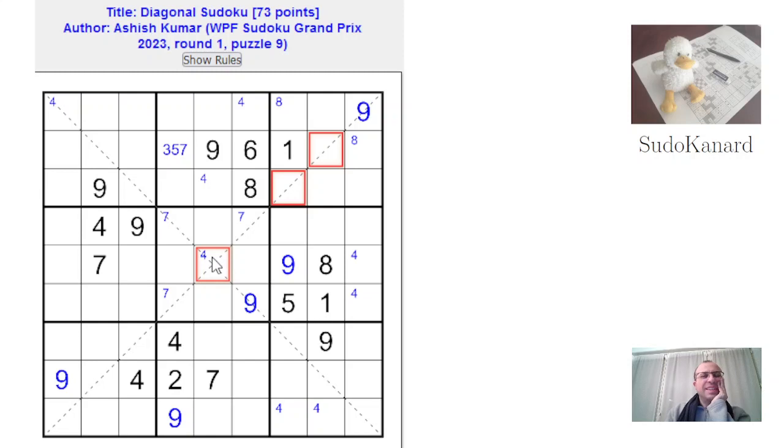Can it be at the center? Let's just try. If I put a 4 here, then 4 does not appear in there. It must be somewhere here.